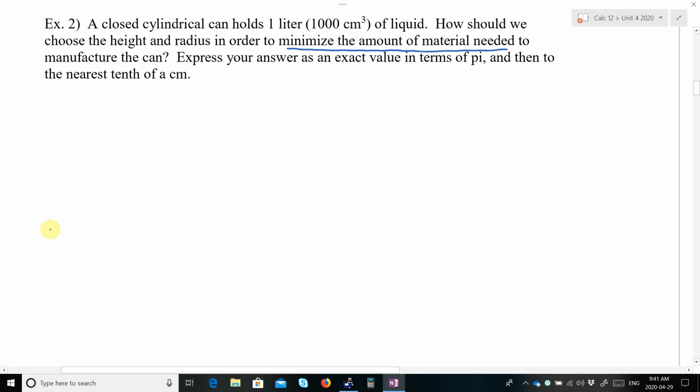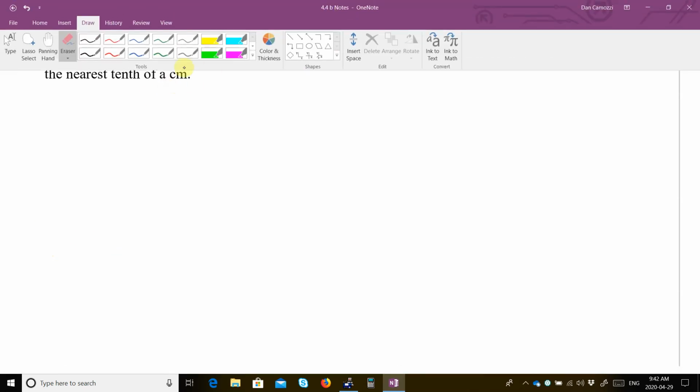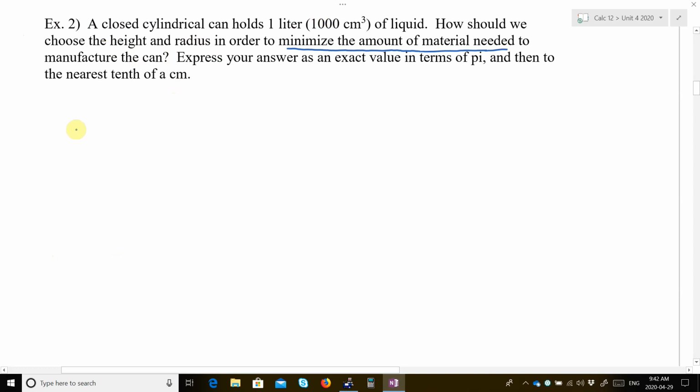Okay, so I'm going to draw this cylindrical can. And maybe I'll go like this. There's the height.